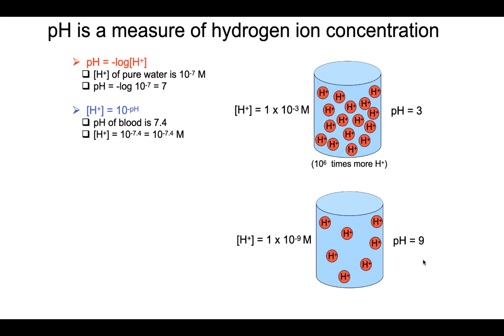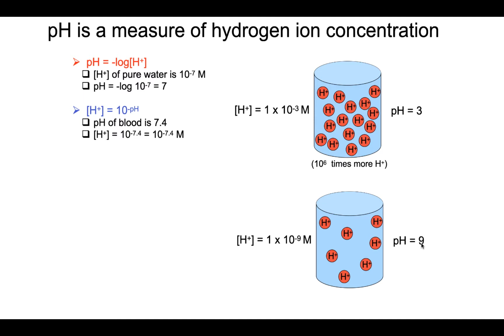But be careful, because of this negative log relationship, if we have something that is a higher hydrogen ion concentration, 1 times 10 to the minus third, because of that negative log, it's going to have a lower pH, right? So it's just kind of weird. And solutions that have a lower hydrogen ion concentration are going to have a higher pH.